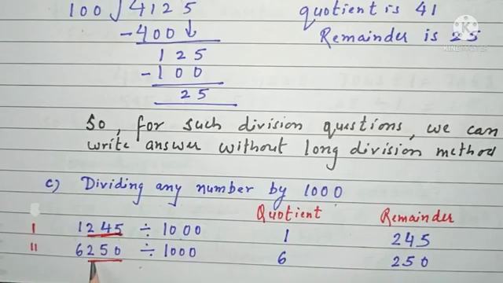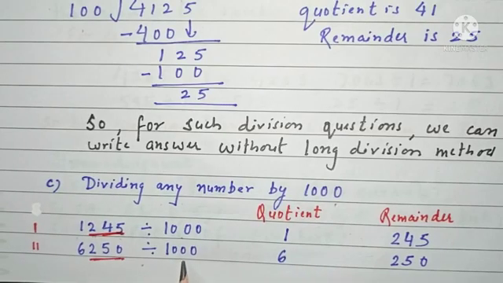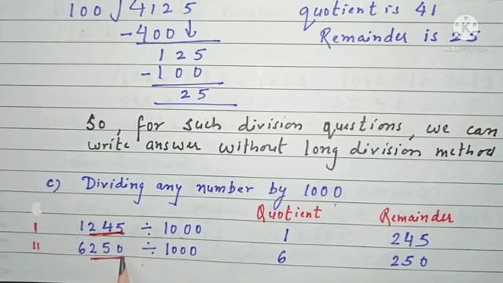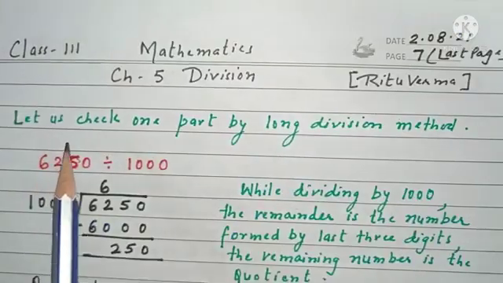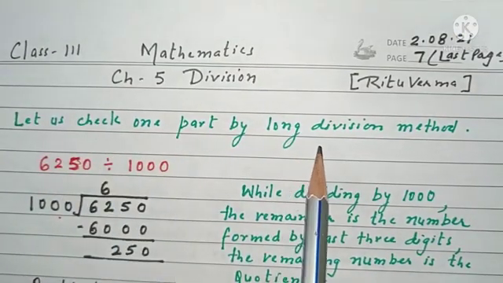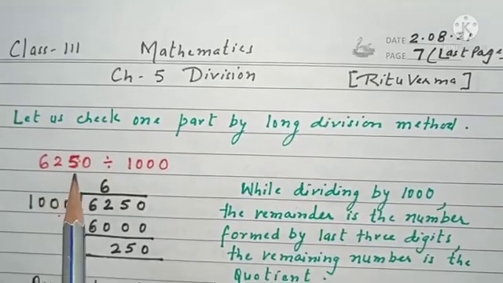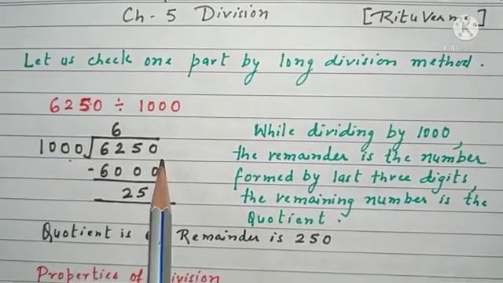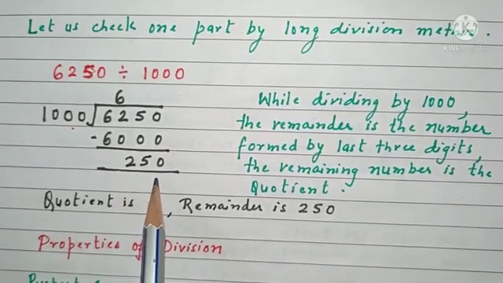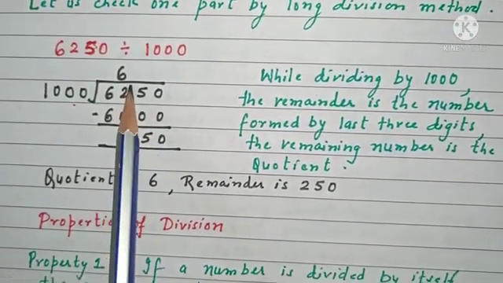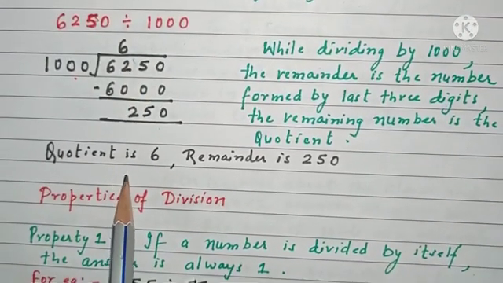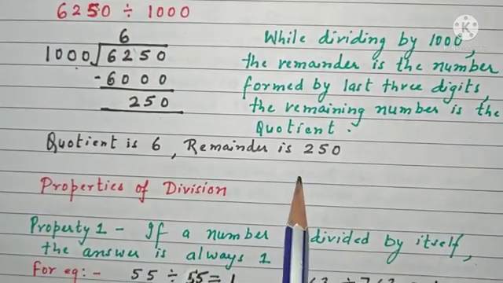Similarly, 6250 when divided by 1000, the remainder is 250 and the quotient is 6. So let us check one part by the long division method. 6250 divided by 1000. Here we have got 250 as the remainder and 6 is the quotient. So this was regarding the division by 10, 100 and 1000.